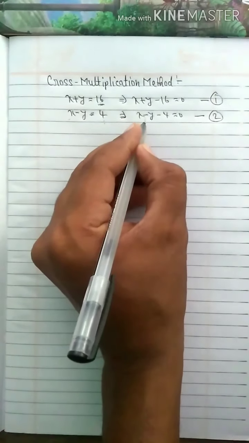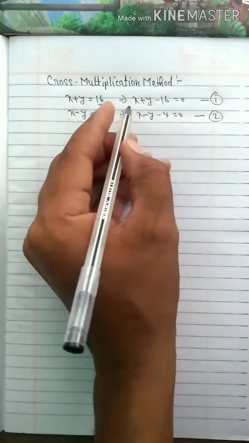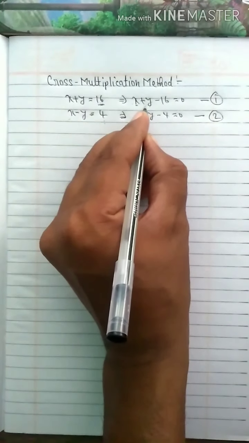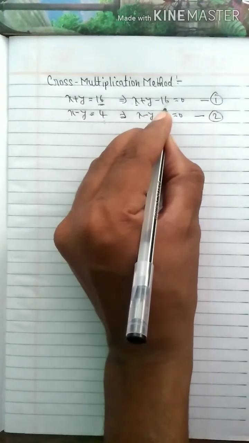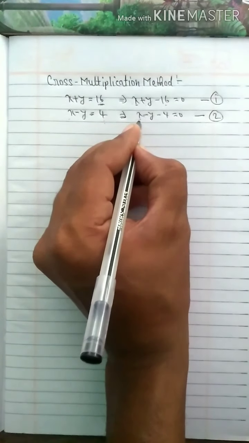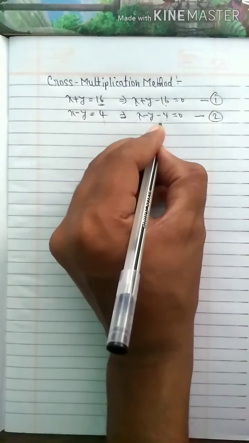And now comparing these equations with the pair of linear equations in two variables. So now the coefficient of x is a1, the coefficient of y is b1 and the constant term is c1. And now similarly the coefficient of x is a2, the coefficient of y is b2 and the constant term is c2.